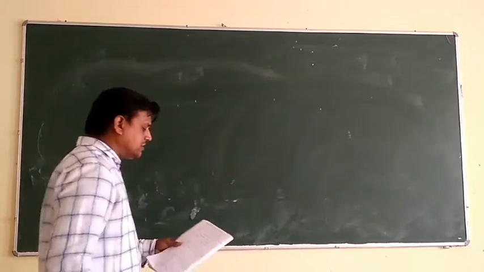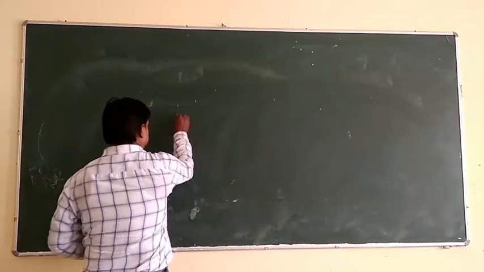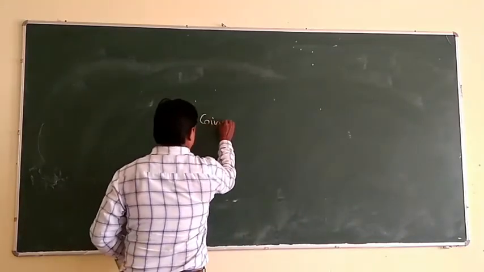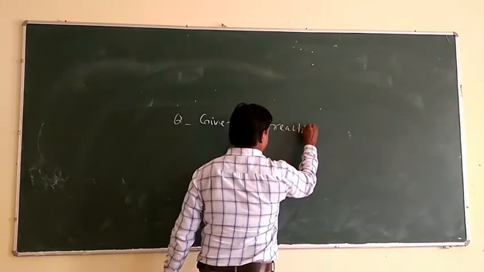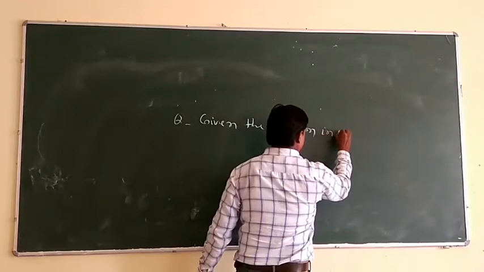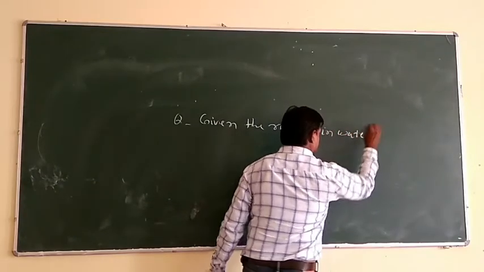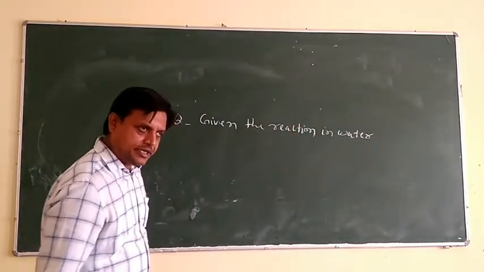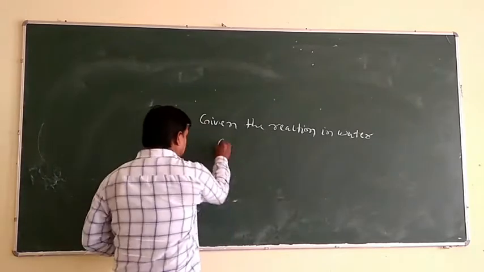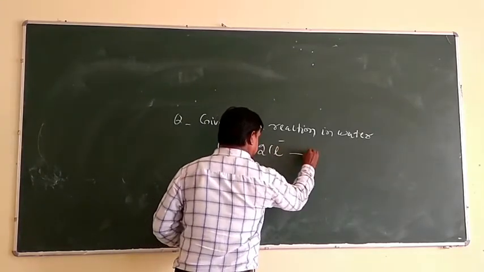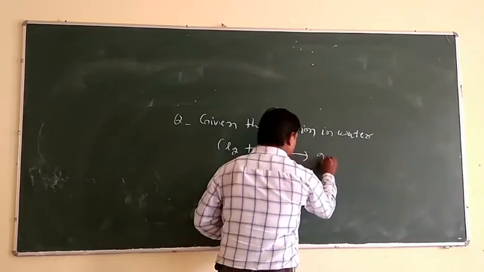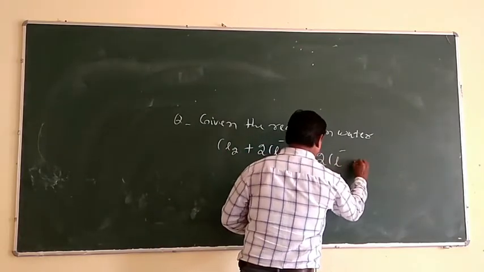Given the reaction in water, the reaction is in water medium. So Cl2 plus 2I minus gives 2Cl minus plus I2.